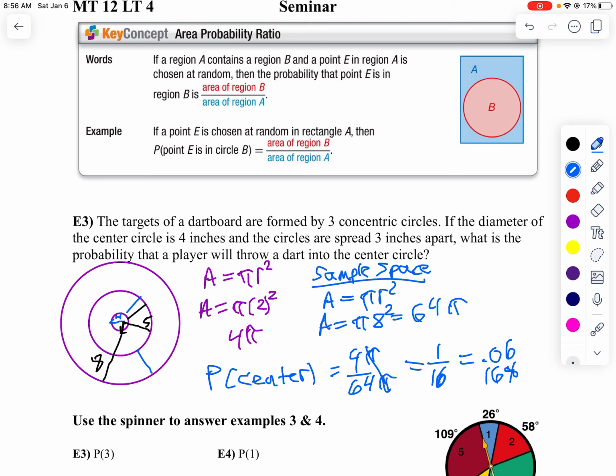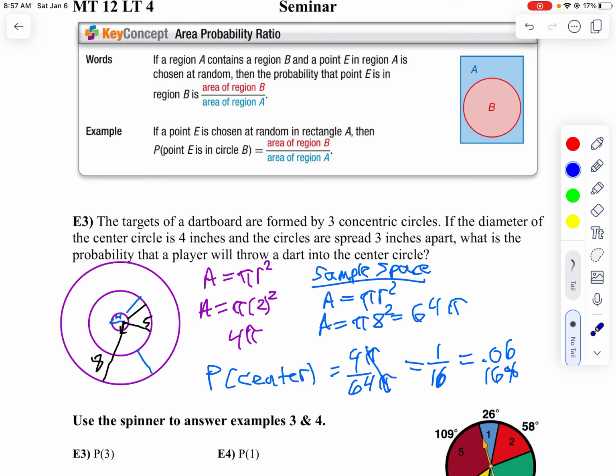I would argue it's not. Okay? This is mathematically true. Because what we're saying mathematically is when I launch darts, they have an equal opportunity of landing any place in my circle. But a dart player doesn't throw random.